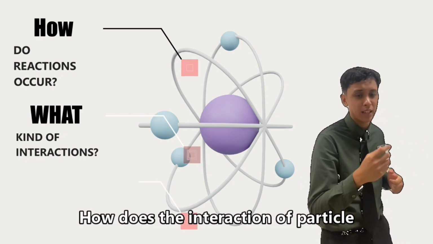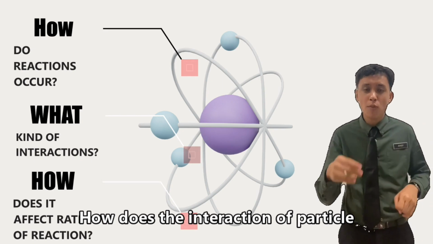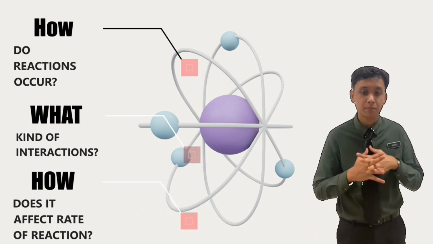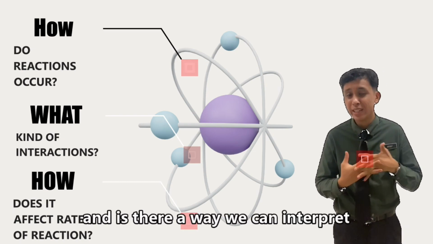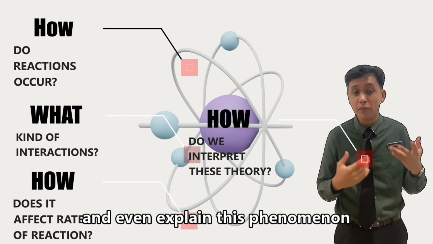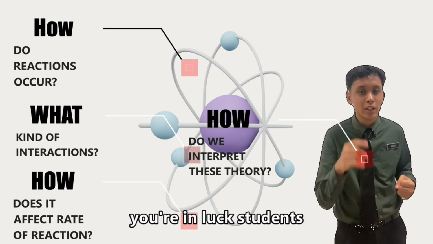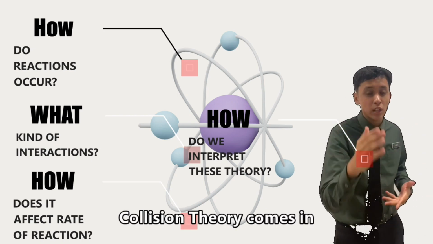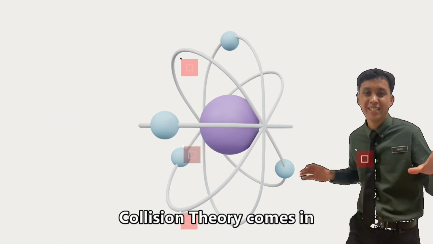How does the interaction of a particle affect the rate of reaction? And is there a way we can interpret and even explain these phenomena? Well, you're in luck, students, because that's where collision theory comes in.